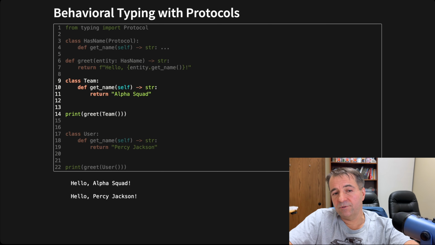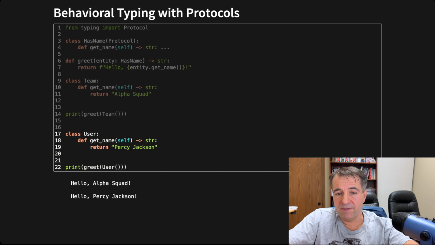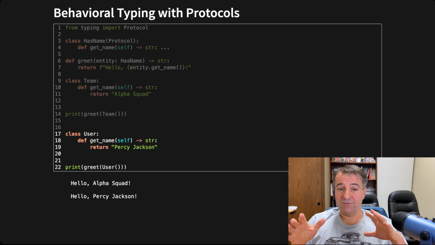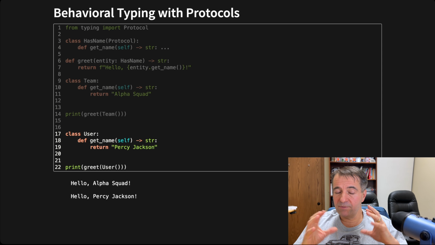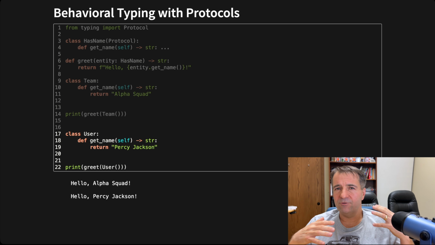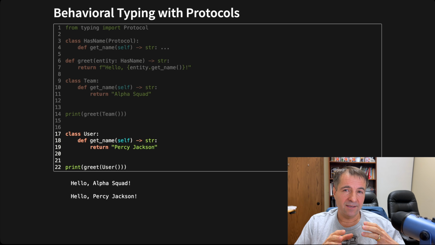So we have two classes over here, team with a getName method and user with a getName method. And both of those, as you can see, so this is also something to note. When you're implementing the class, you don't annotate it with the protocol. You only annotate the function that you want to protect.